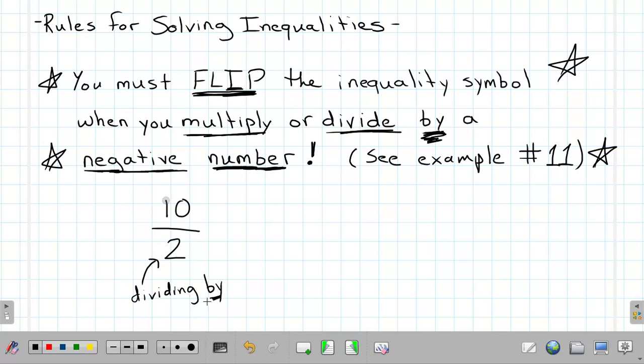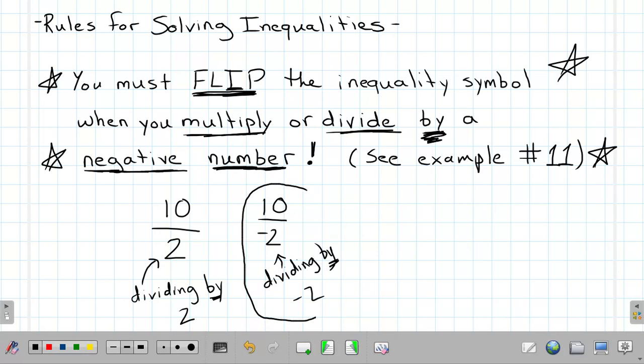If I do 10 divided by negative 2, this is dividing by negative 2. So in this situation, when you divide by the negative 2, that's when you would flip the inequality.